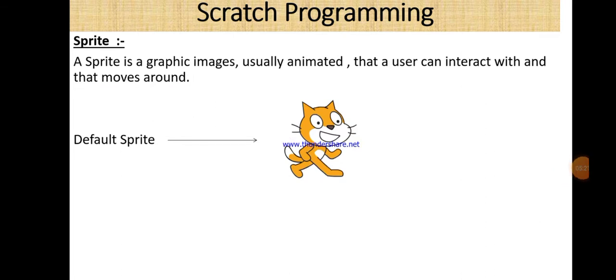Now sprite. What is sprite? Sprite is a graphical image, usually animated, that a user can interact with and moves around. As I told you, the default sprite is a cat. You can change the sprite in your Scratch programming, but the default sprite is a cat.